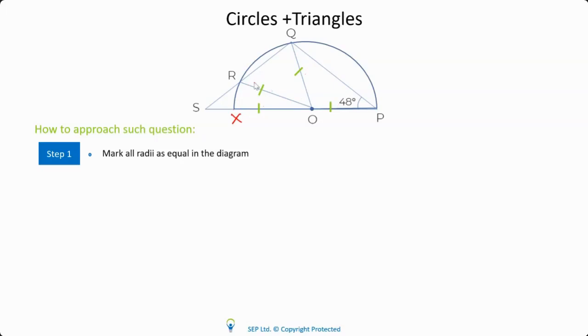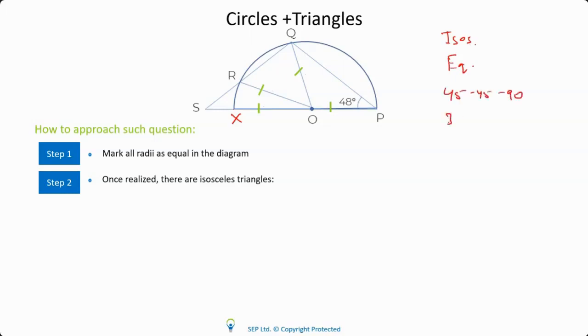Then after that, if you look at the diagram, you can see there are triangles in it, right? When there are triangles and the sides are equal, you need to start thinking in terms of special triangles, which is something I usually teach in triangles in our video lessons, where I tell you that in the exam, and especially in GMAT, thankfully, you have to worry about only these four kinds of special triangles.